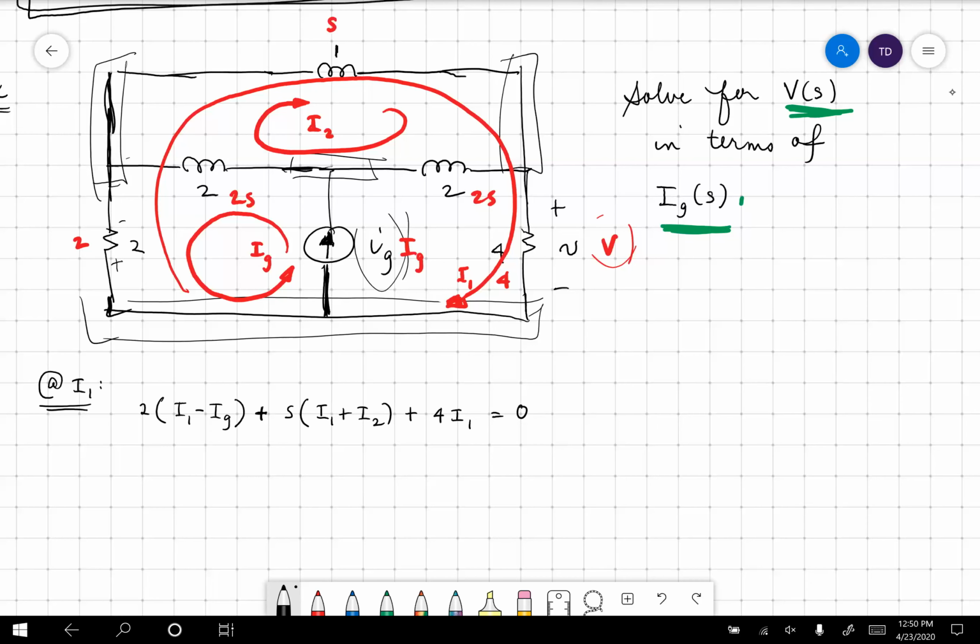So let's see what I have. For my I1s, I have an S, plus 4, and plus 2 more: S plus 6 times I1. For I2, I have a plus S. And for IG, I have 2, and I'm going to bring it to the other side: equals 2IG. Now, I will tell you this for certain.